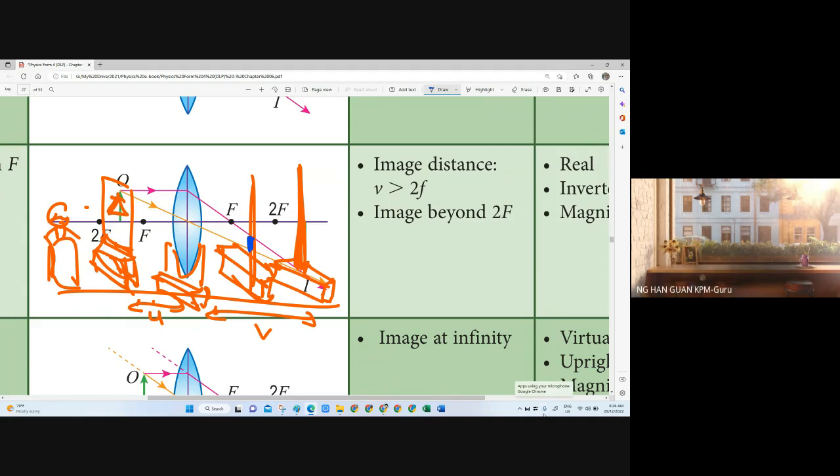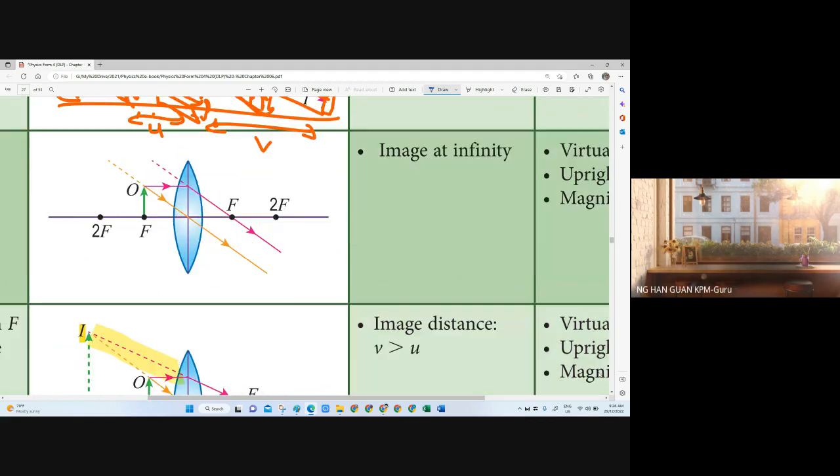That's why we always have to adjust the focus so that a sharp image can be formed on the screen. It doesn't mean that when the screen is not in position, no image is formed. The image is still formed, only it is blurred and you can't see it. When the rays are parallel, you will only see light when you put the screen here, but you can't see the image at all.